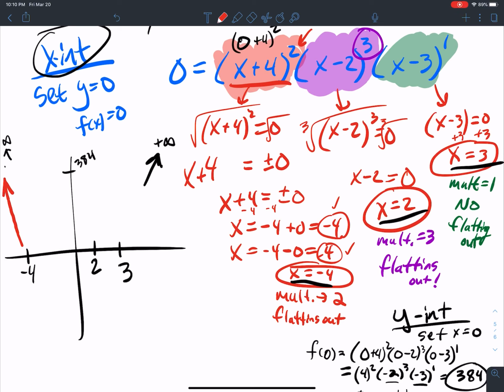I'm coming down. Now at negative 4, the multiplicity is 2, so it flattens out, and 2 is even multiplicity, so it bounces. So I come and I flatten out, and I bounce back up, okay? And I come up through here. I don't care which side you draw the big hump on, just as long as you pass through down here.